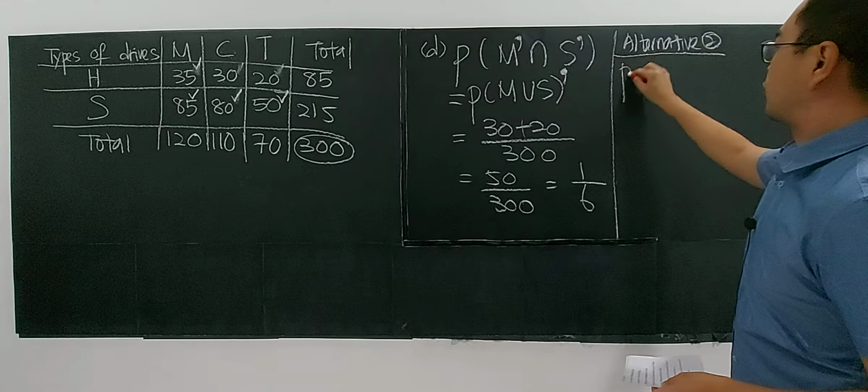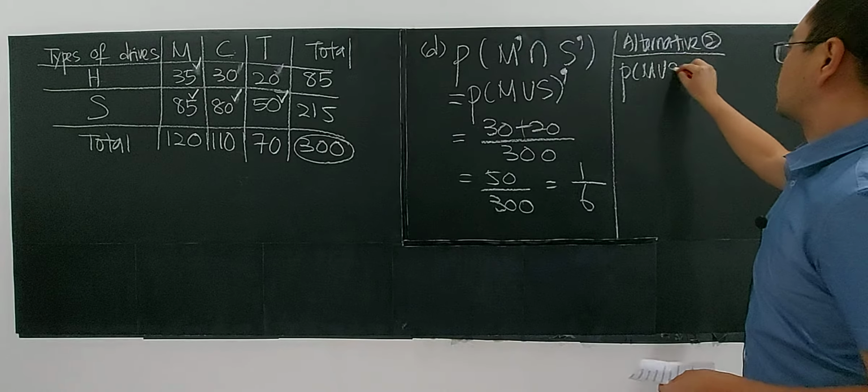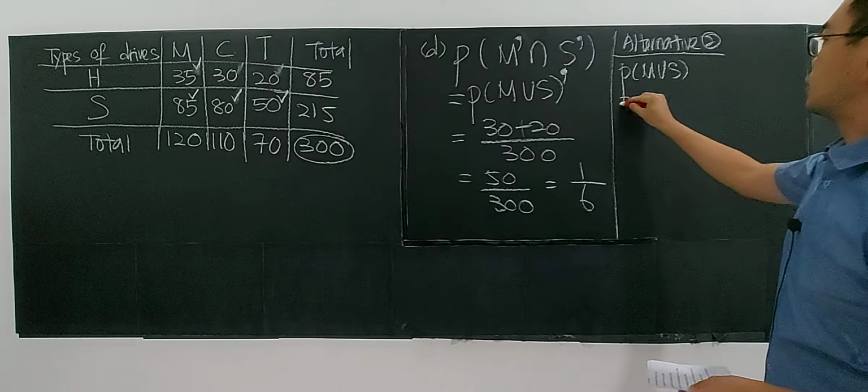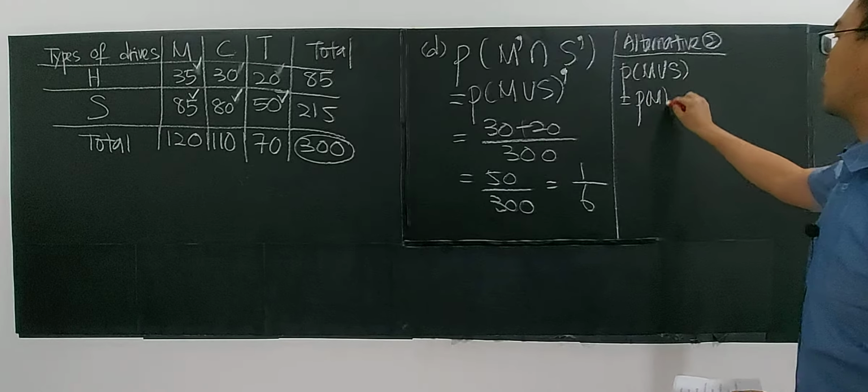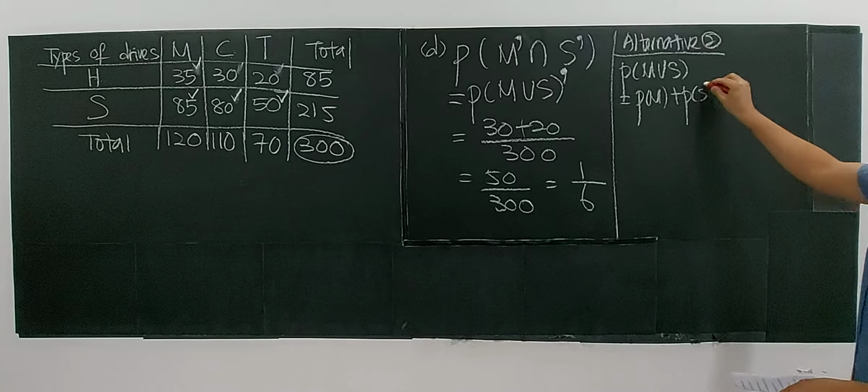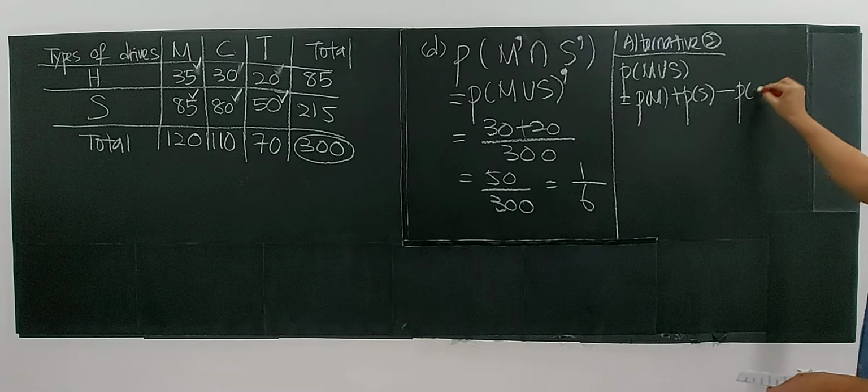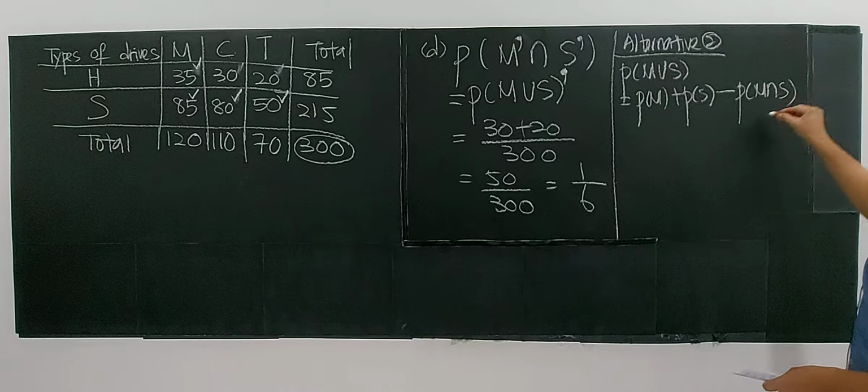So you can calculate this: the probability of Malaysia plus the probability of SSD minus the probability of Malaysia and SSD.